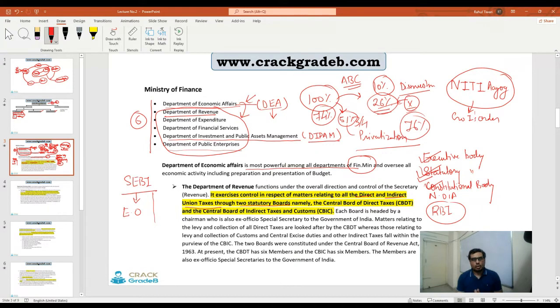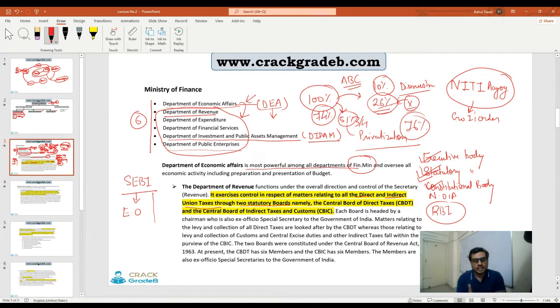Similarly, if any organization is formed through a constitutional amendment or through the Constitution, for example, the Supreme Court under Article 124, right? A lot of other articles related to the Supreme Court are there. So the role, power, and function are assigned to the Supreme Court through the Constitution.